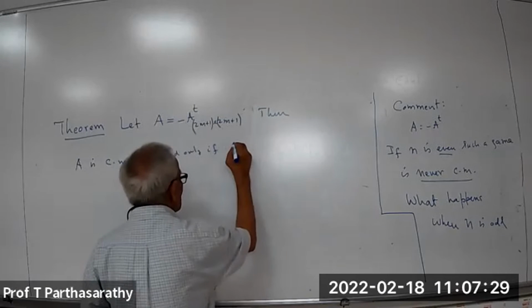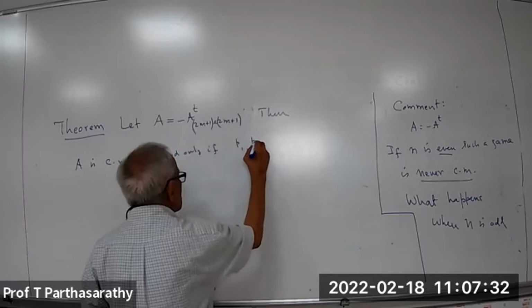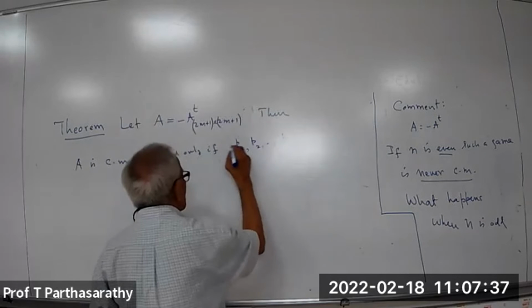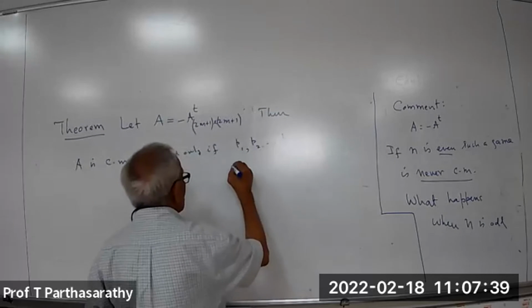I have to define this term, but I'll do that. P1, P2, etc., P2m plus 1. These are called principal Pfaffians.